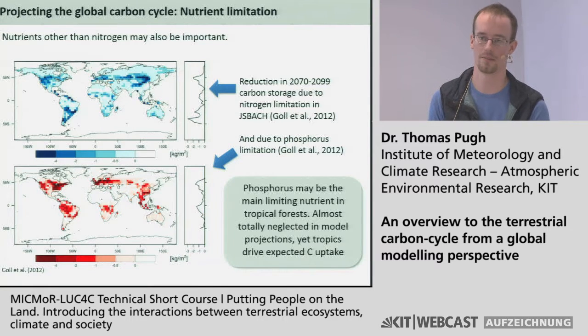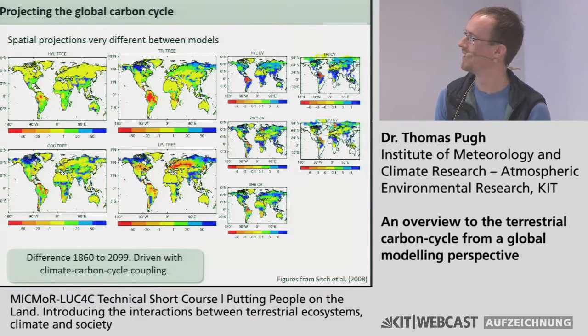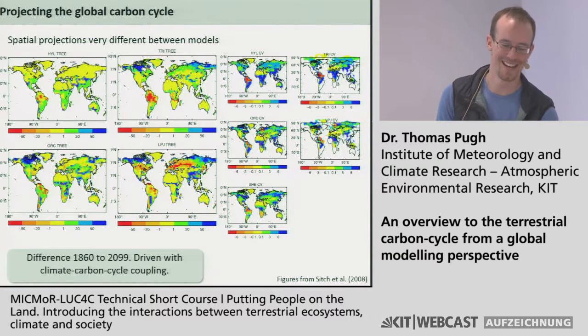And therefore maybe our projections for the tropical forest uptake due to CO2 are too positive. Once again, we don't have a good handle on this, just like we don't really have a good handle on anything, it seems. That's not really true, but there's many things that we don't have a good handle on.